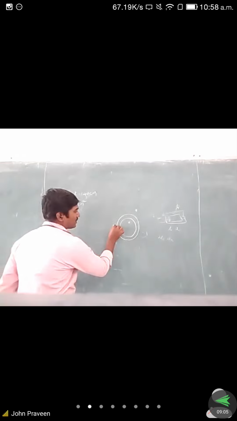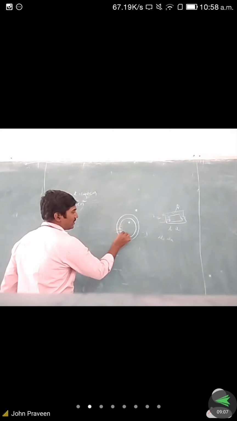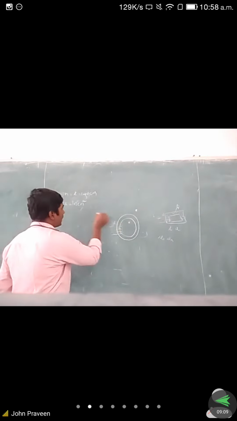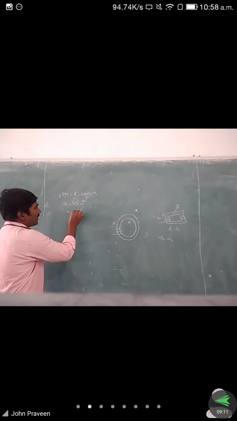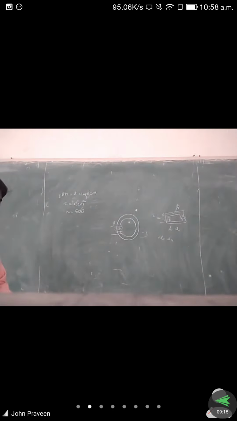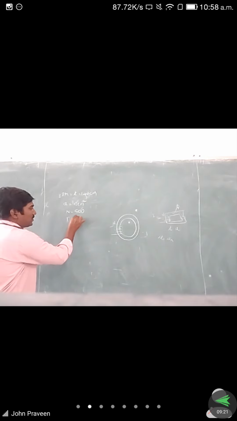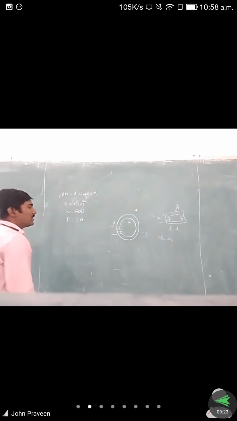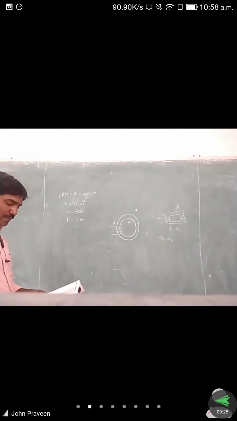Next, it is wound with 500 turns. So N is equal to 500. Next, the exciting current is 2 amperes, the current passing through the coil is 2 amperes.